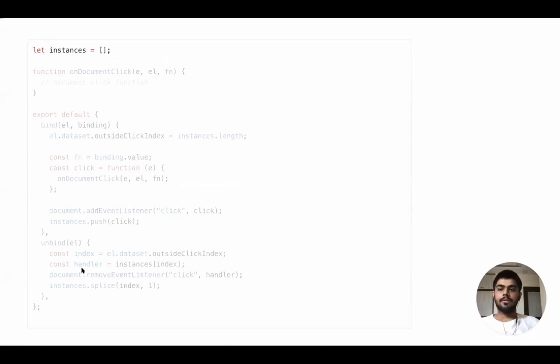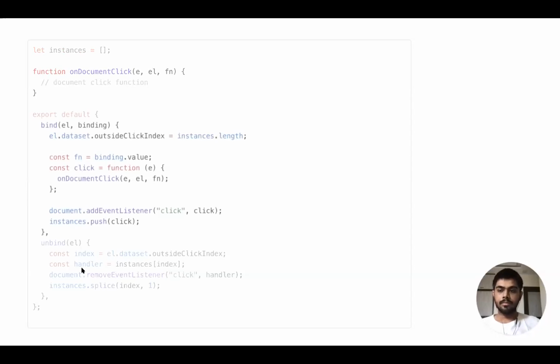Now when we piece all of this together, we get something like this. Let's start with the first line. We have an instances array, which will hold the instances. Since you'll use this outside click directive in multiple places, and you probably have to unbind on unmount of a lot of these components, we'll have an instances array which will hold the handlers of all the outside click event handlers we have created.